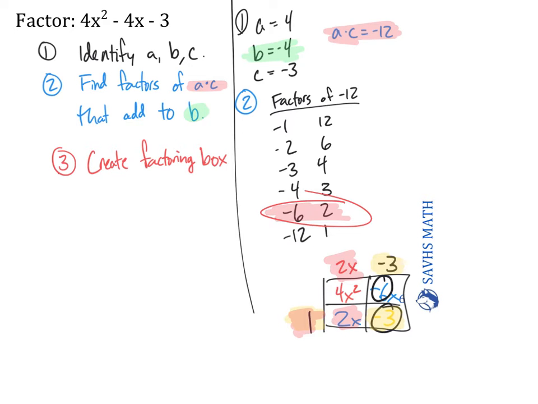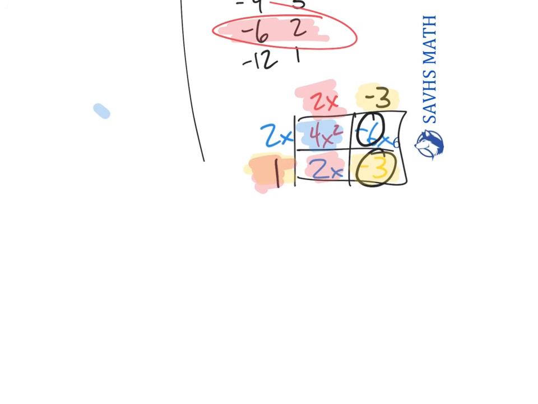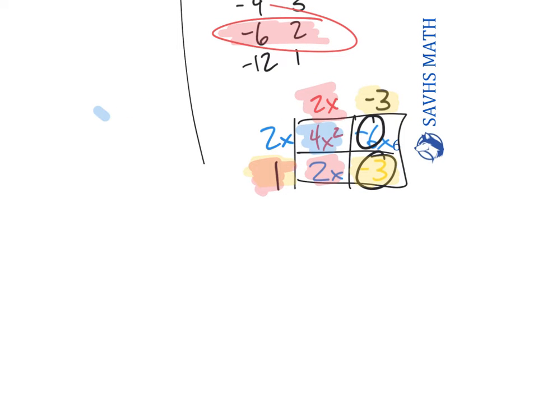If that spot right there is 2x, and this spot right here is 4x squared, then what am I missing? I'm missing a 2x here. So my factoring is, and you can just make sure that this works because if you check, 2x times -3 is -6x, and so that works out perfectly.